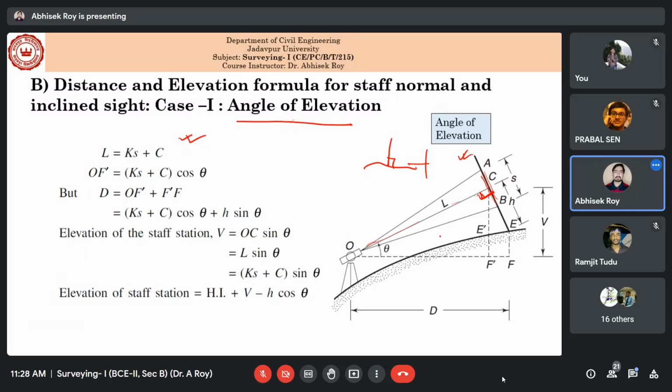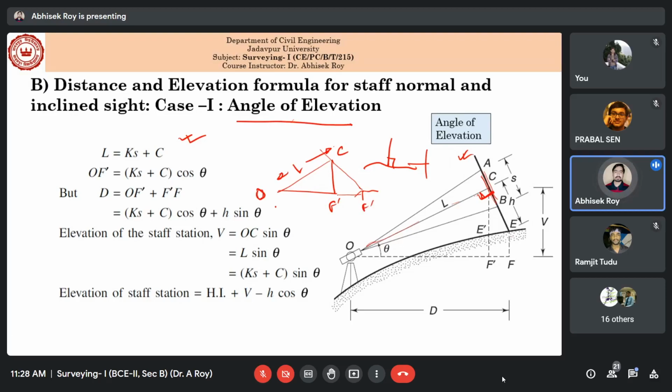Now if you see OF dashed from this triangle, this is the L, this is O, this is C, this is F dashed, right? And your staff is like this at the ground, so this is say F dashed.